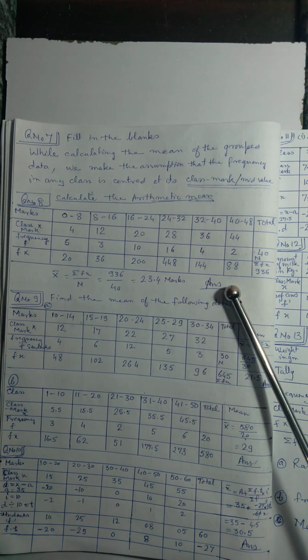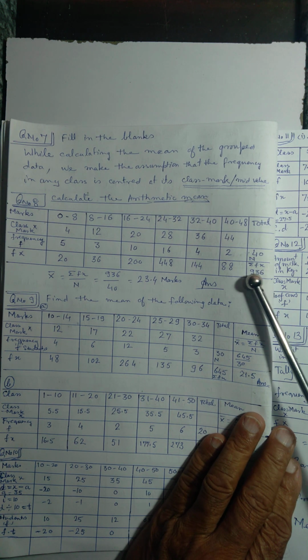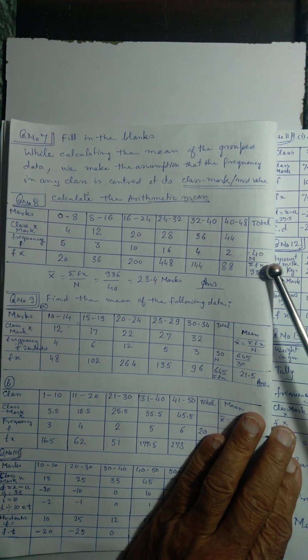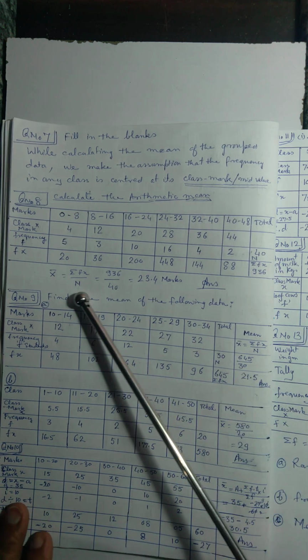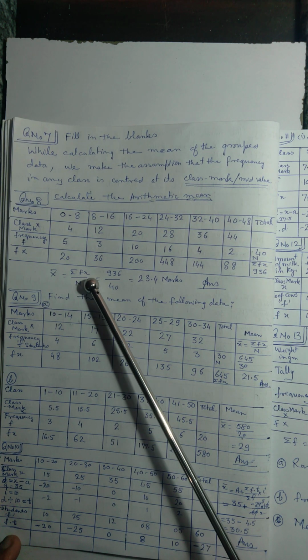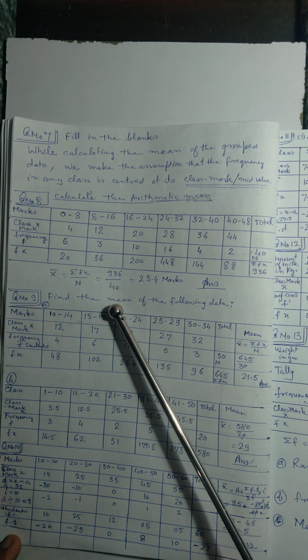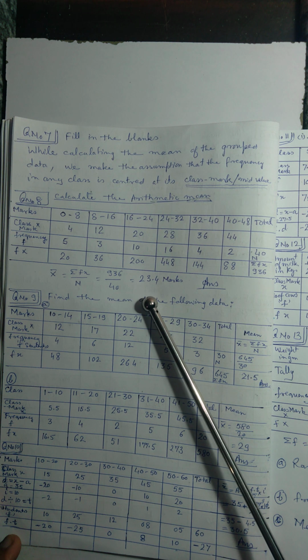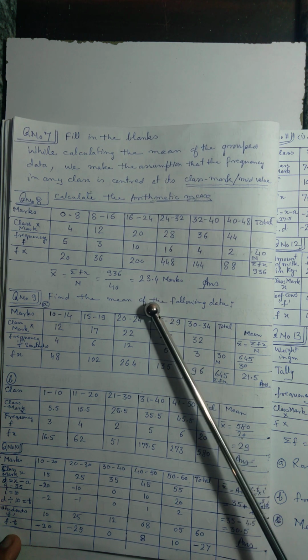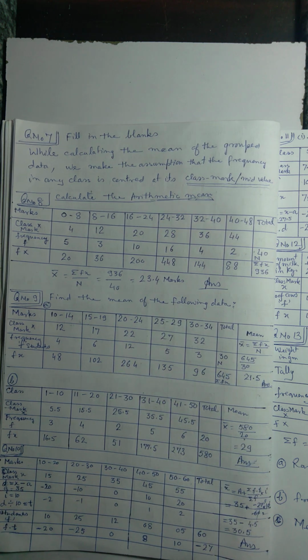The summation of sigma fx is 936 and summation of f is 40. So in order to find the mean, means x bar, that is sigma fx by n, it will be equal to 936 divided by 40, which is 23.4 marks. This will be the mean. Now come to the question number 9.